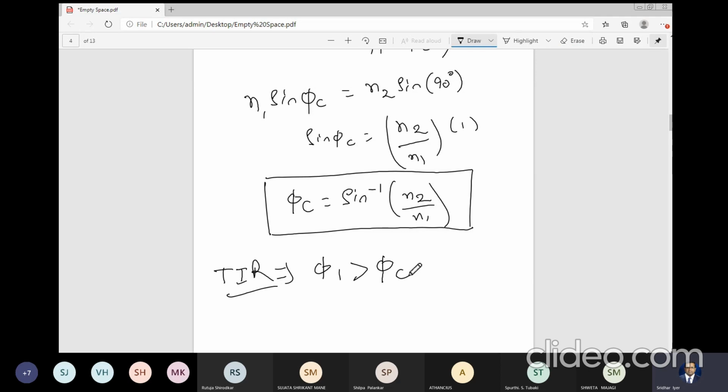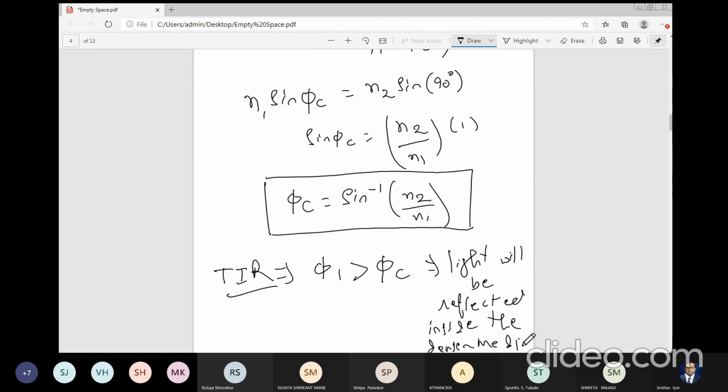So in this case, the light will be reflected inside the denser medium. In this case, there is no refraction.